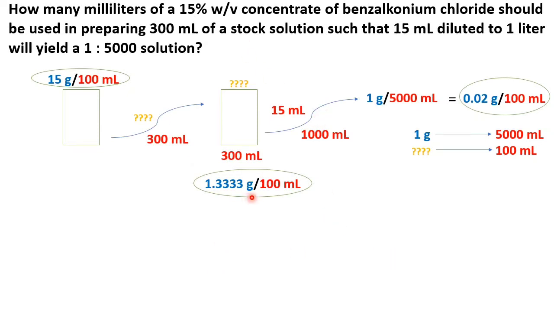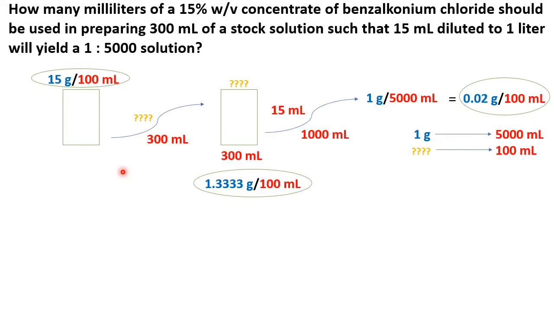Okay, so the concentration of this solution here is 1.3 grams in every 100 mls. We need to make 300 mls, so we need 3 times this weight of benzalkonium chloride in 300 mls, right?